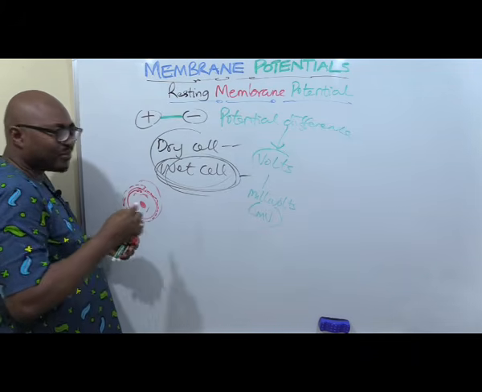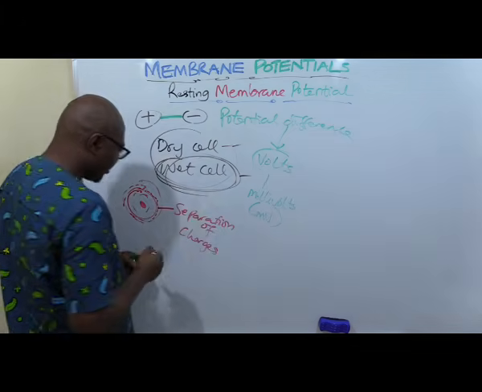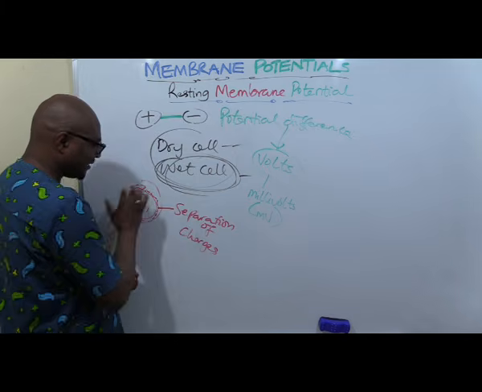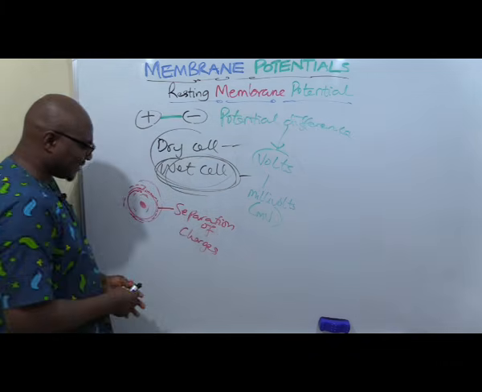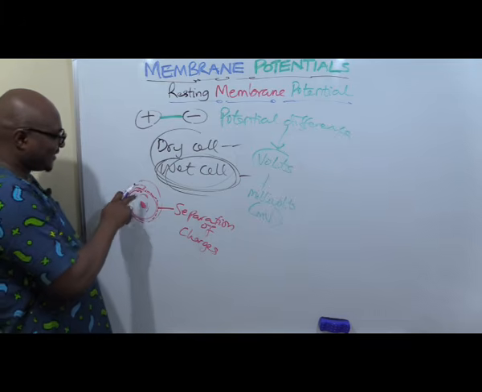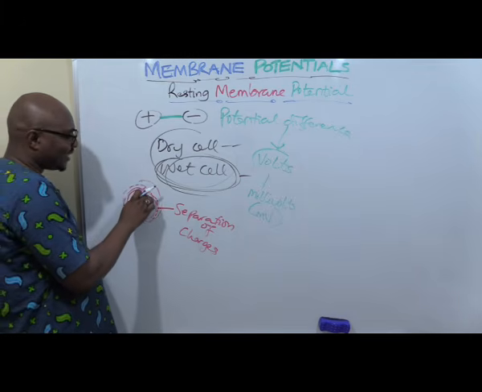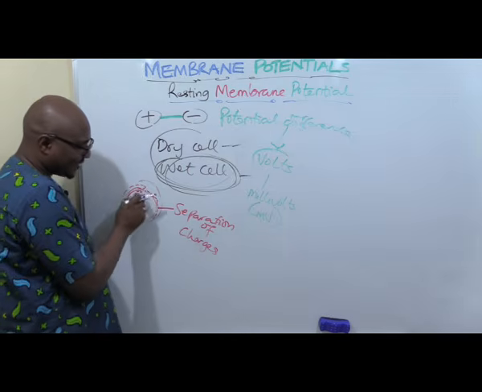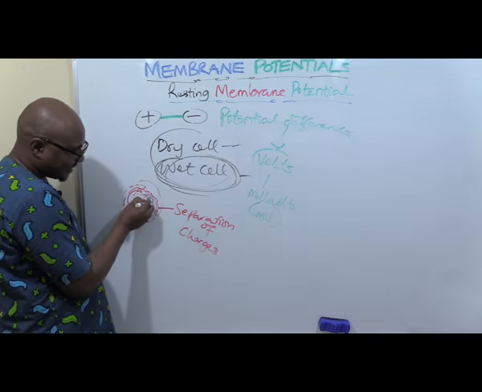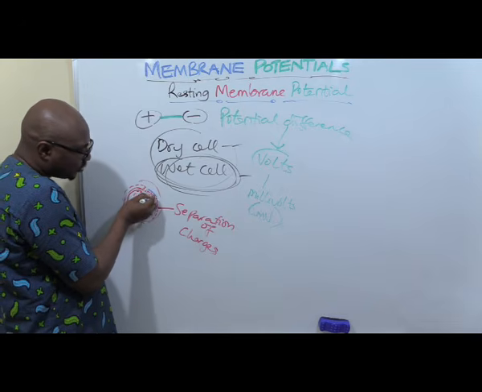It's called separation of charges. So there is a difference in the magnitude of charge that is inside the cell, at the inside edge of it, and the magnitude of charge that is outside.